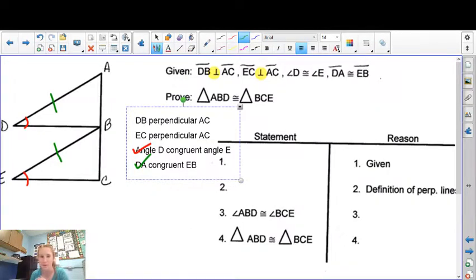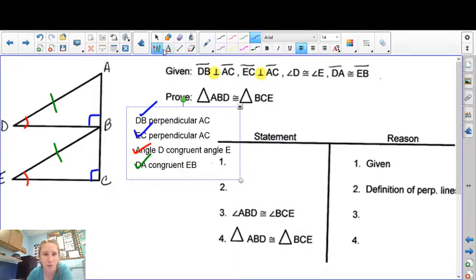Perpendicular lines create a specific type of angle. They create right angles. So since DB is perpendicular to AC, I can create a right angle mark there, and EC is perpendicular to AC, so I can create those too.